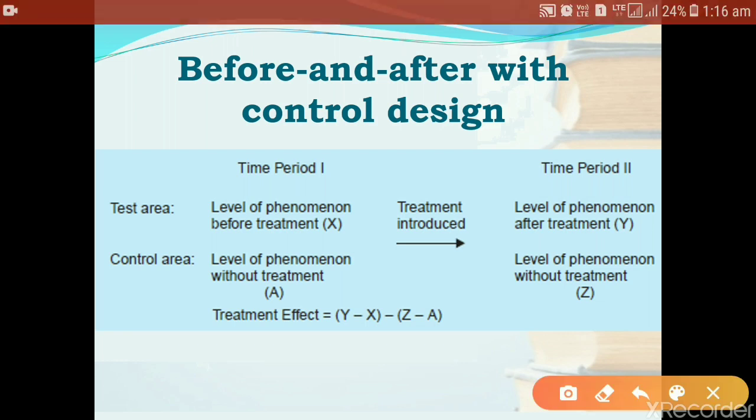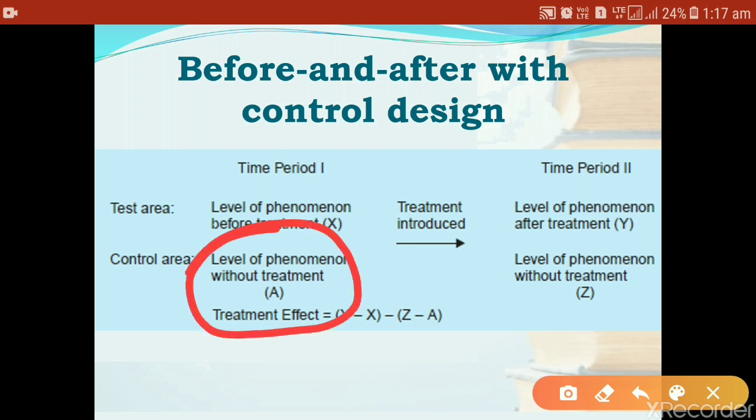In this case, you can see that we will take a sample from any sewage effluent. For that sample we will study the BOD before the treatment. So here we will consider the level of phenomena without treatment.